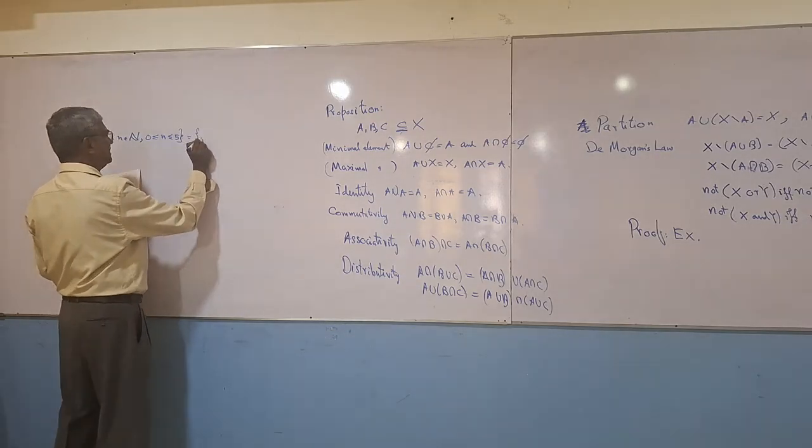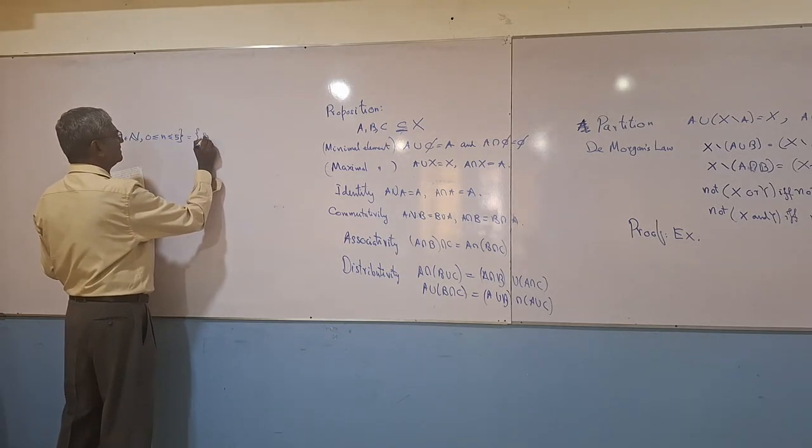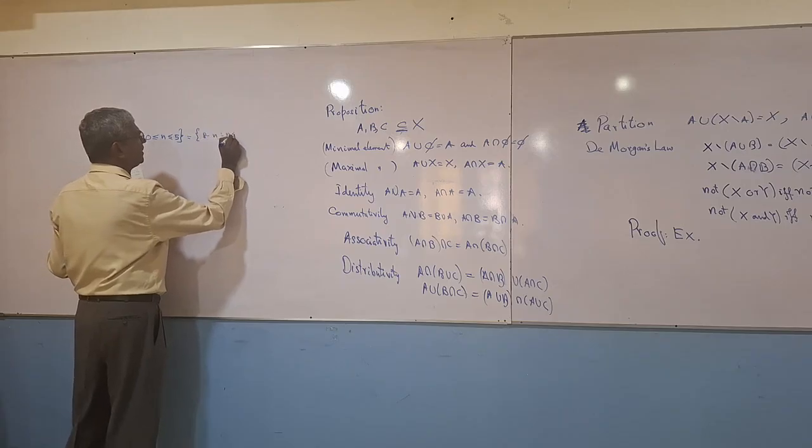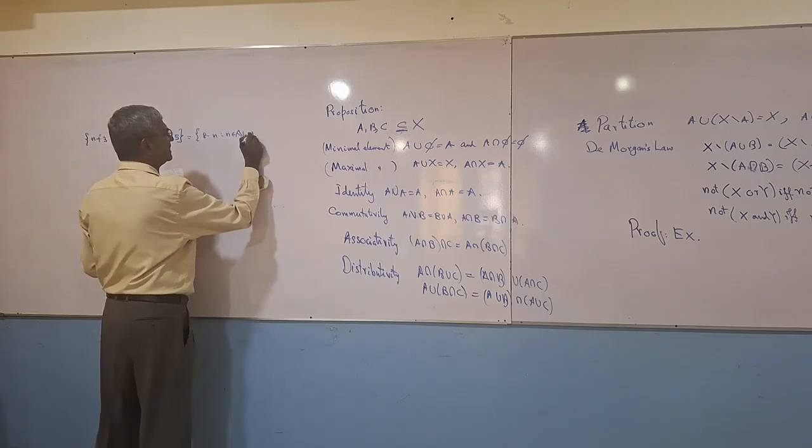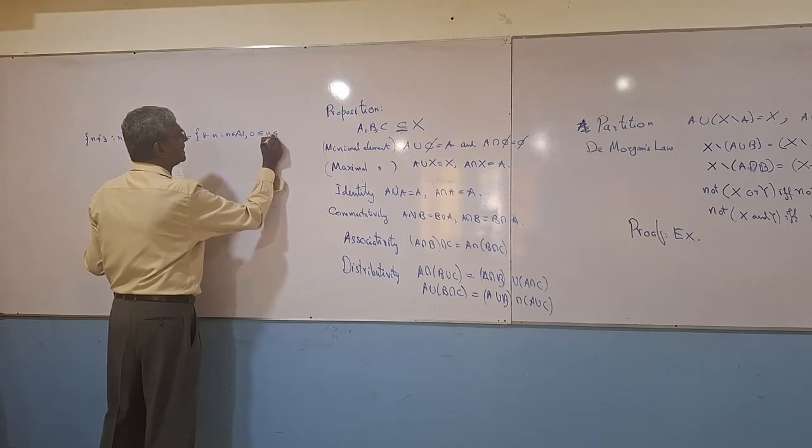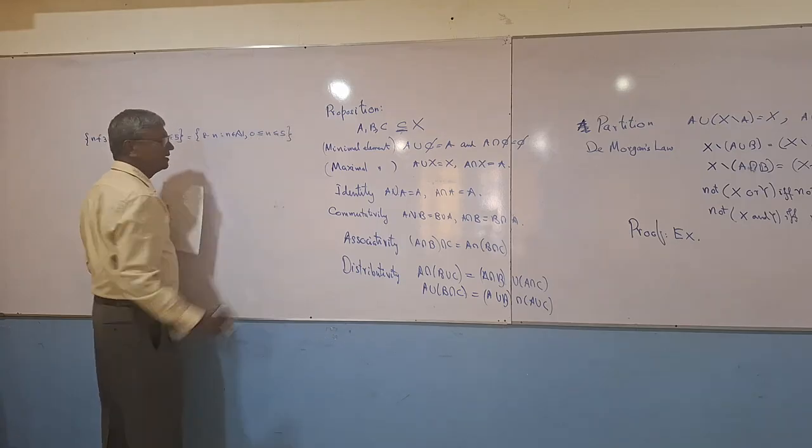This set is equal to the set of all 8 minus n such that again n belongs to N, and n lies between 0 and 5, including both 0 and 5.